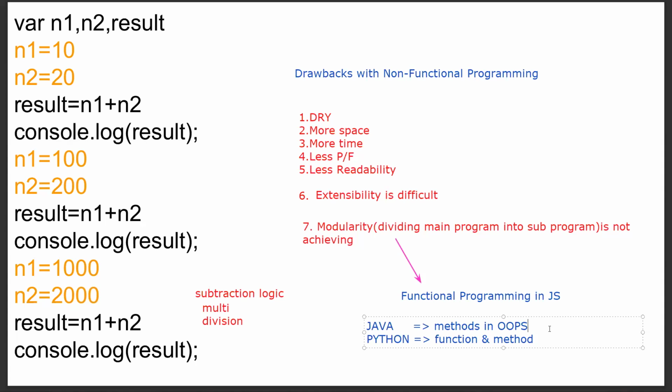Even if you want to write code in React, the fundamental concept is you should know how to write a function. Tomorrow I'll deep dive into what functions are, but you should know the reason why we are going for a function. The reason is that earlier we had non-functional programming, and this many challenges are there. To address this, we will be learning functional programming. Is everyone clear on what non-functional and functional programming are?